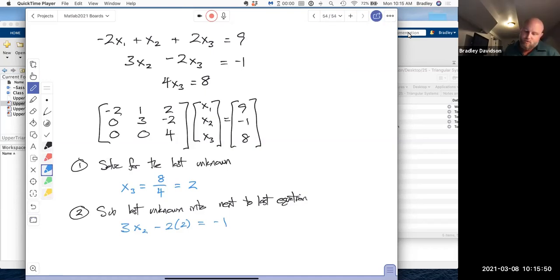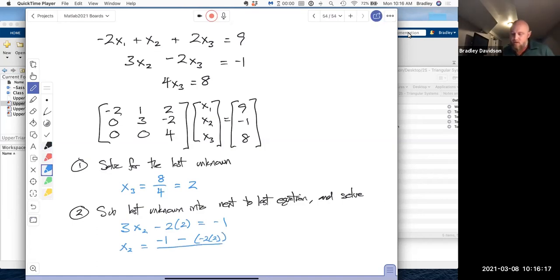And so then we're going to solve for x2. And so we get that x2 is equal to negative 1. We're going to subtract a negative 2 times 2.